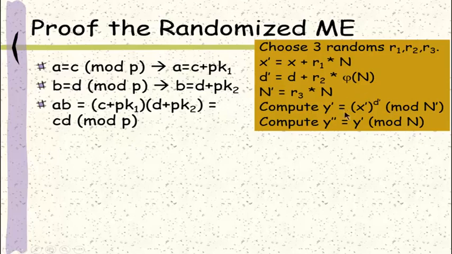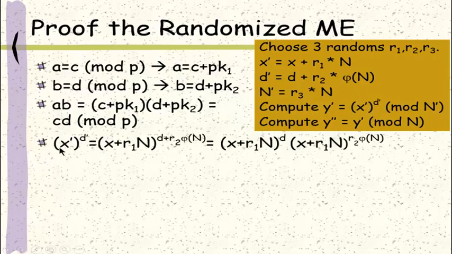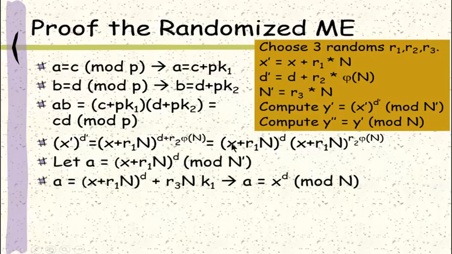So now let's see the modified or randomized modular exponentiation x prime to the power d prime. When we plug in the definition of x prime, which is x plus r1 times n, and the definition of d prime, which is d plus r2 times phi of n, we get this equation here. And then once we separate the exponents, we get the first term times the second term. Let's denote the first term with a, and then let's do a mod n prime operation here.